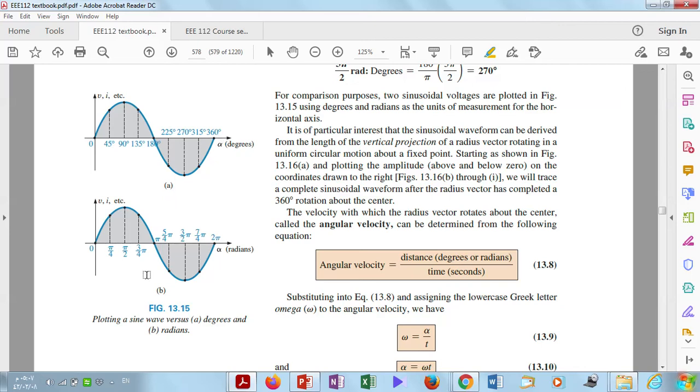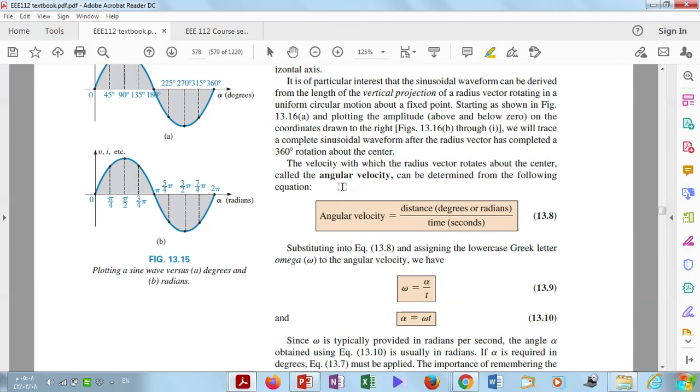And if we say it in radians, it is 0, 45 equals pi over 4, 90 equals pi over 2, 135 will be 3 over 4 pi. All these we studied in math, but here only for review, because we need this during this course.